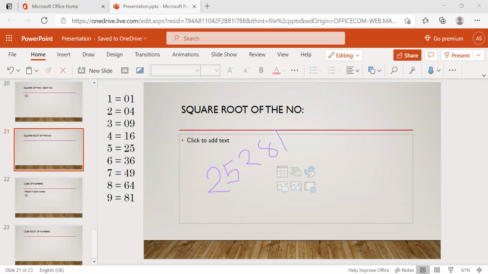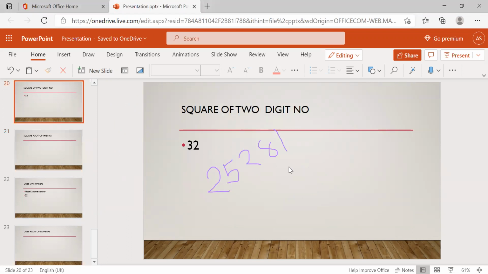And guys, I want to say one thing. This is the easy one. But what we discussed for the 40 to 60 and 90 to 110 square values, we discussed in another method, right? That is more easy compared to this. So this one is for normal numbers, the remaining numbers, but for 40 to 60 and 90 to 110, the method we already saw is more easy.